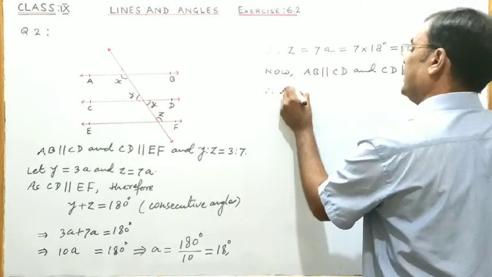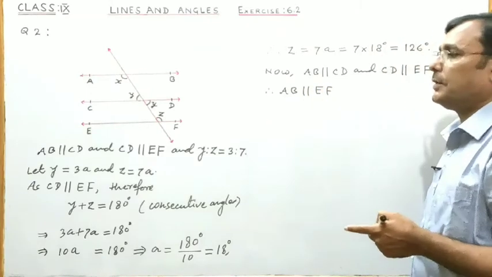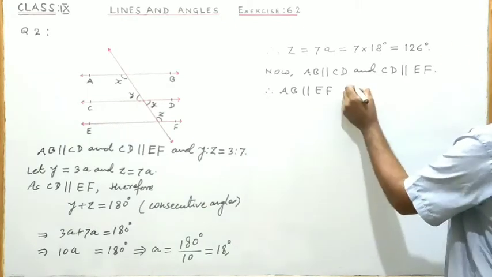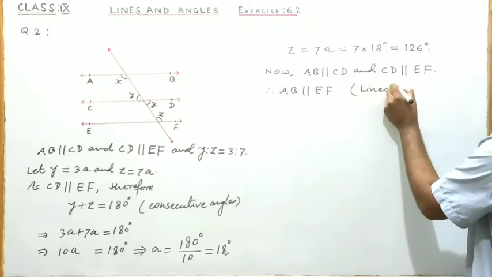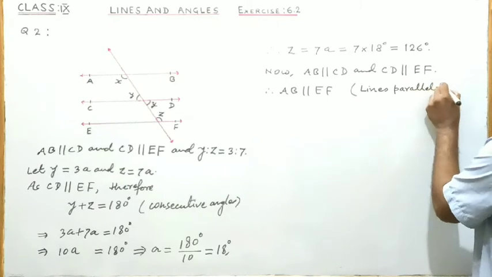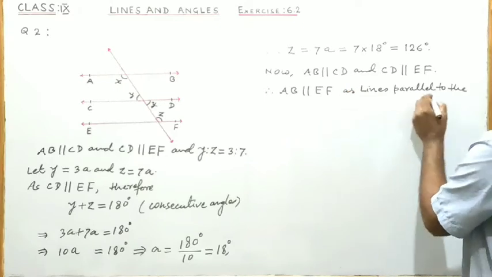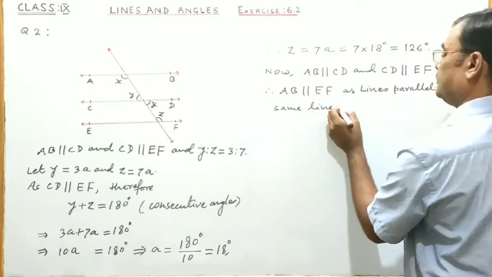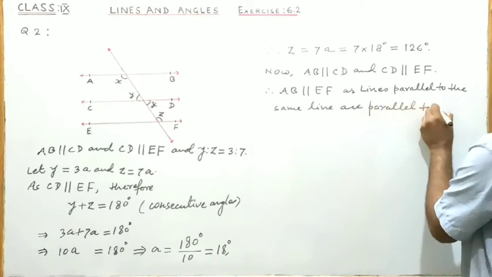Therefore AB is parallel to EF because lines which are parallel to the same line are parallel to each other.